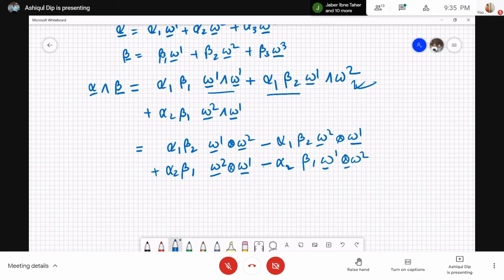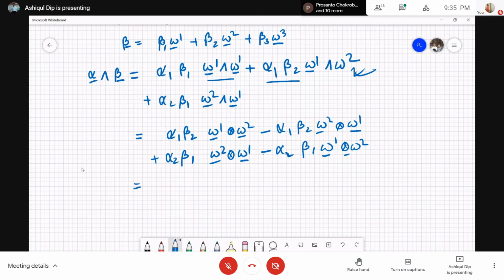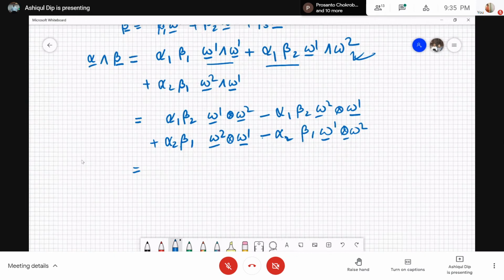We need not worry about other terms. These four terms are enough to see everything. If you factor this out, you'll see it's alpha 1 beta 2 minus alpha 2 beta 1.